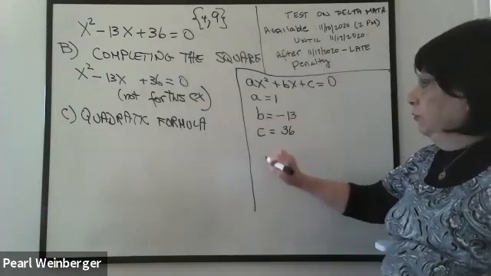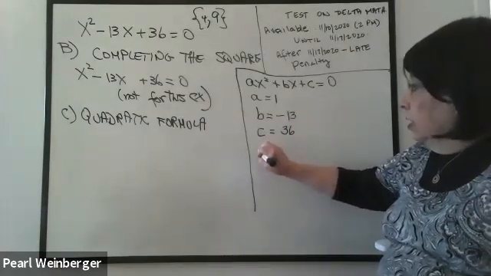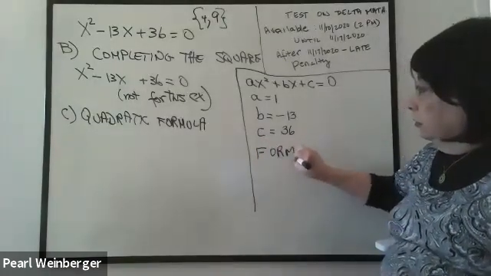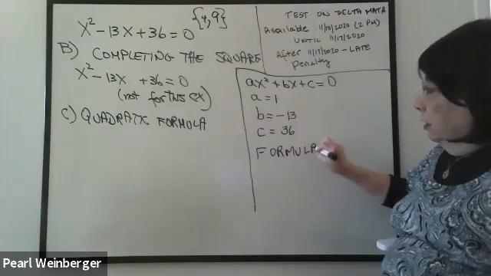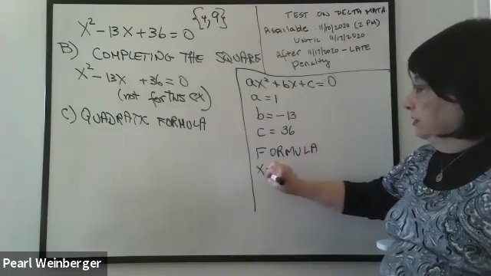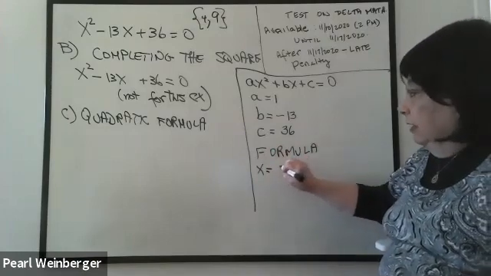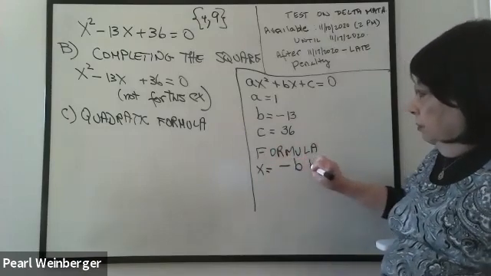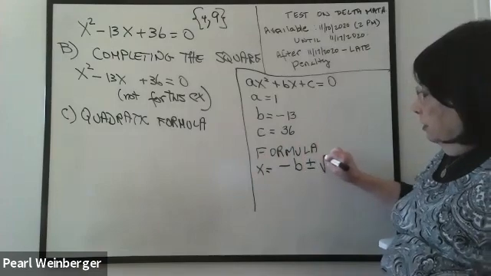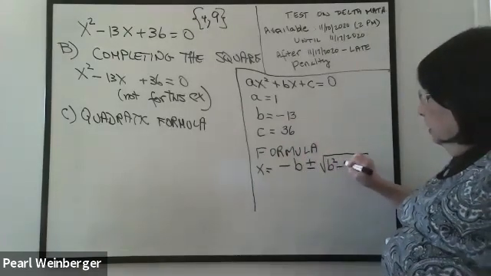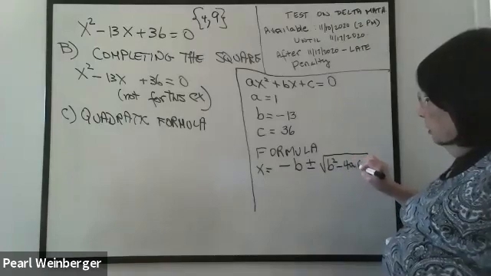Here's what the formula looks like. x equals, it's not so important to say the x equals, but here's the important part: negative b plus or minus the square root of b squared minus 4ac.